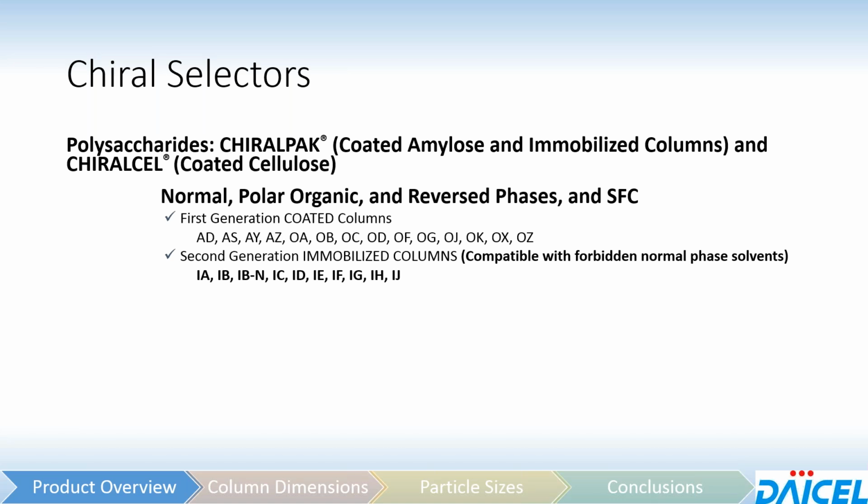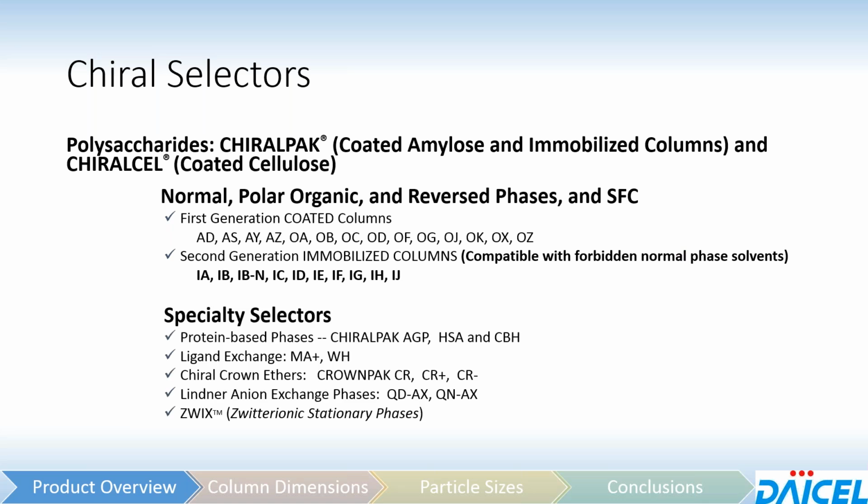So our first generation coated columns were all of the phases that you're probably very familiar with, things like AD all the way through OZ. And then we have our second generation immobilized columns, which are compatible with the normal phase, polar organic, reversed phase, and SFC conditions that the first generation coated columns were compatible with, except now you can also use them with what we call the forbidden normal phase solvents, things that contain dichloromethane or ethyl acetate or THF.